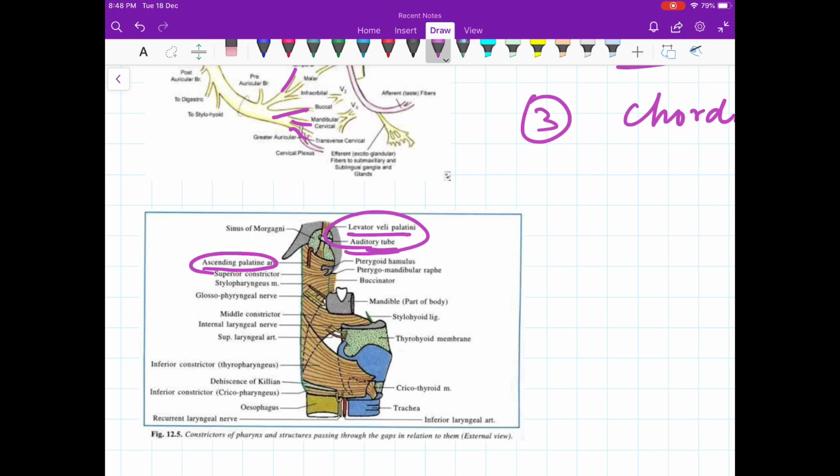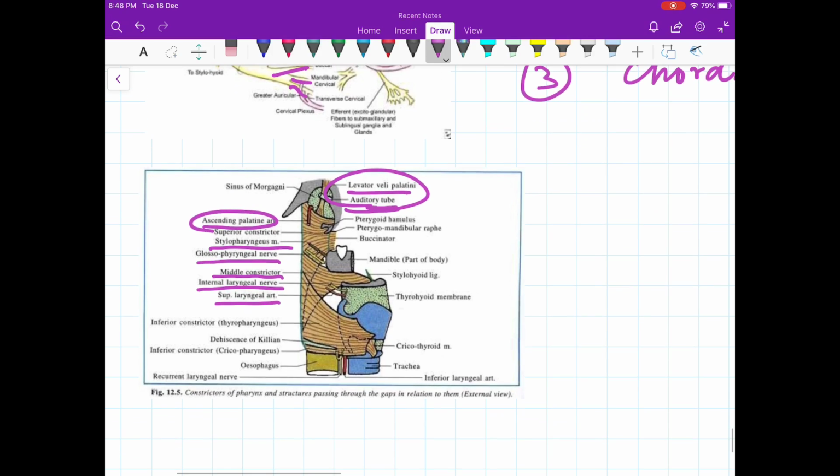The structures passing between the superior and middle constrictor are stylopharyngeus muscle and glossopharyngeal nerve. The structures passing between the middle and inferior constrictor are internal laryngeal nerve and superior laryngeal artery. And the structures passing beneath the inferior constrictor are recurrent laryngeal nerve and inferior laryngeal vessels.